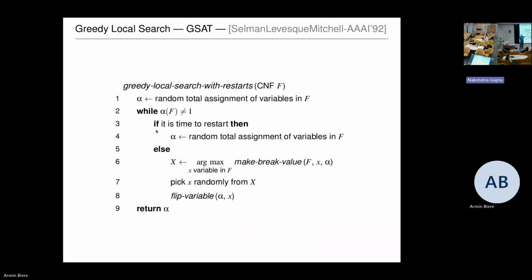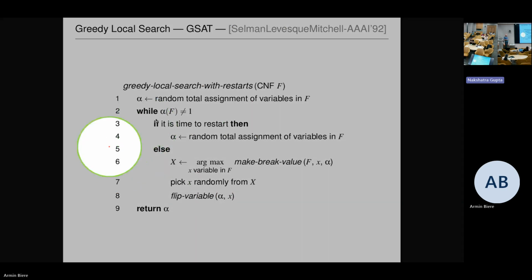This is capital, no typos. You pick all those variables which have the maximum reward, it might be a set. And then from this set you pick uniformly at random one variable. Now, for instance, there's an interesting question: what if you drop this restart here?